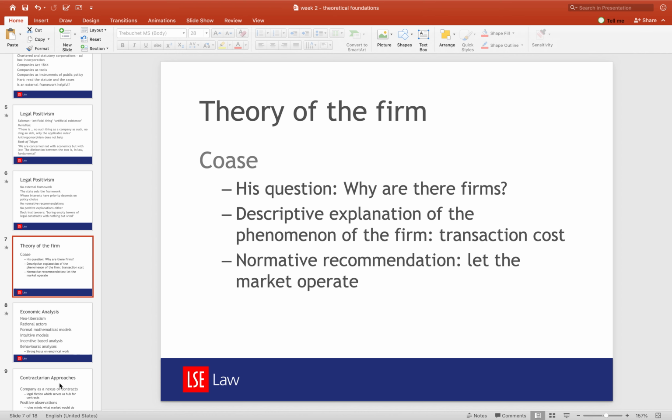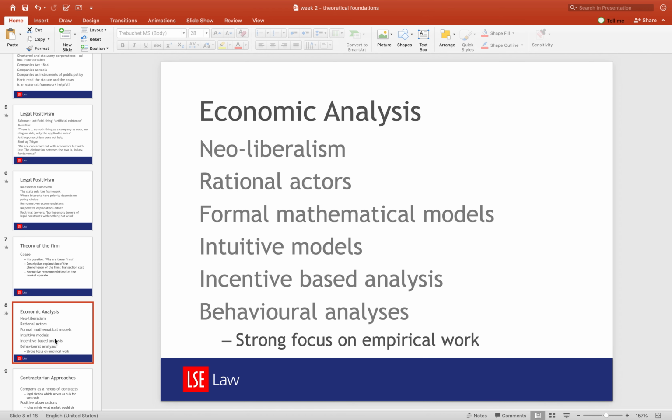And there's a normative recommendation that connects to that, and that recommendation is let the market operate. So economic analysis is connected with the neoliberalism that became very prominent in the 1980s.